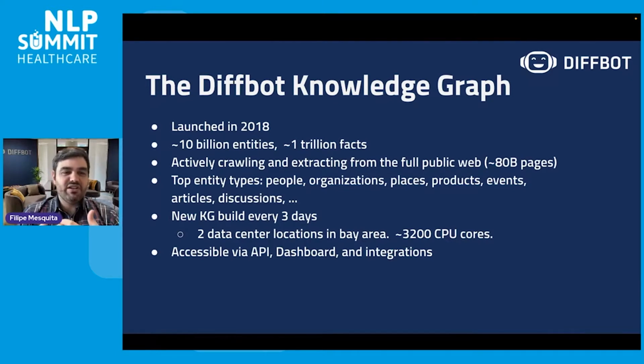And the main entity types in terms of number of entities are people, organizations, places, products, events, articles, discussions, etc. We create this knowledge graph every 3 days. So the idea is that we try to build the new knowledge graph from the sources that we have cached already. And this allows us to improve any component and improve the knowledge graph thoroughly every 3 days.